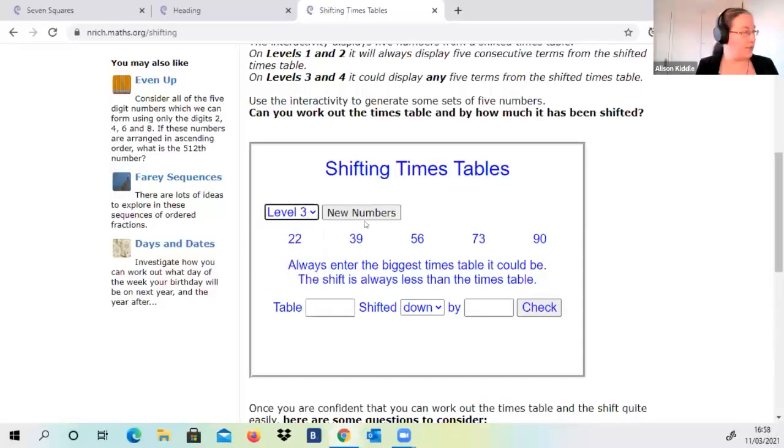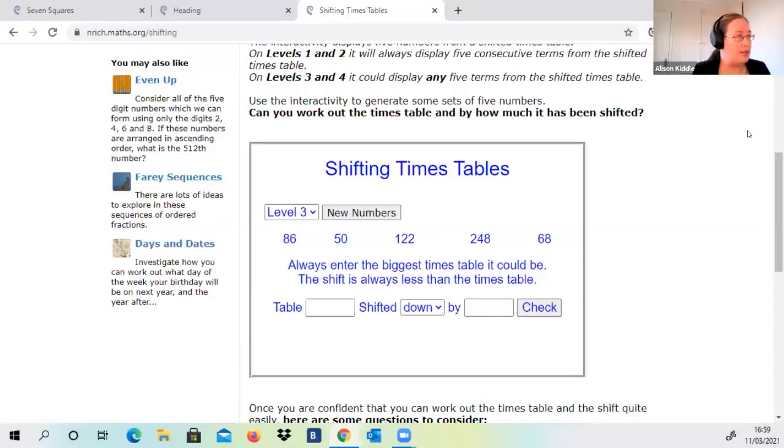But if we go on to level 3, you'll notice that this is not 5 numbers going up in order. It is 5 seemingly random numbers, but they have all been taken from the same shifted times table. So I'm going to give everybody a chance to have a little look at this one.